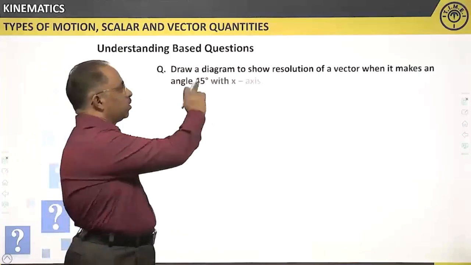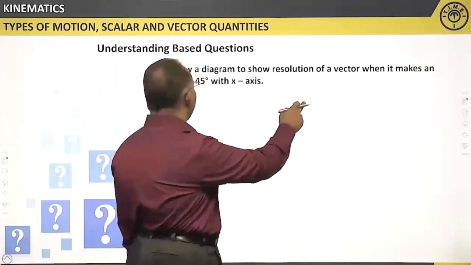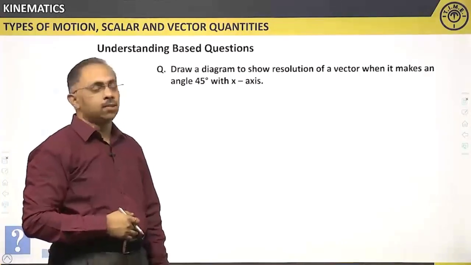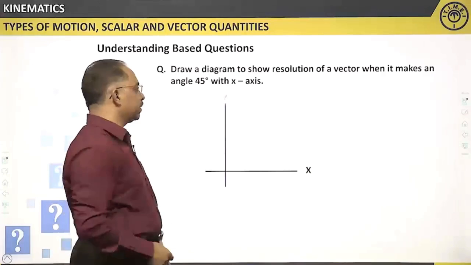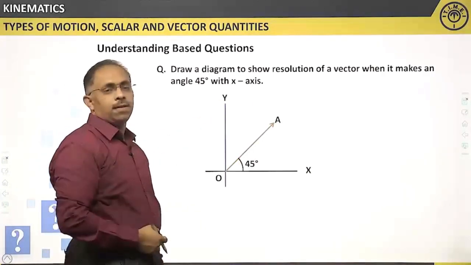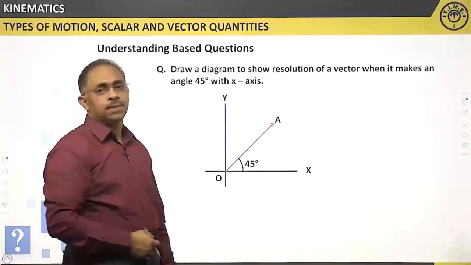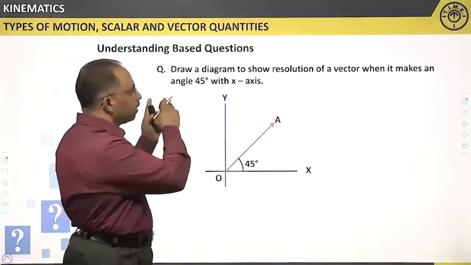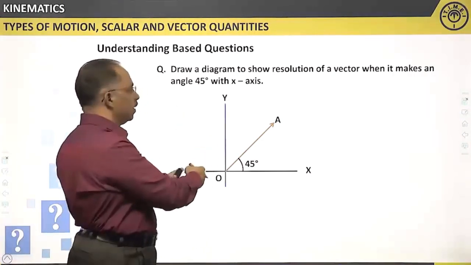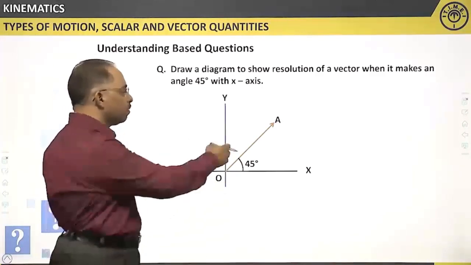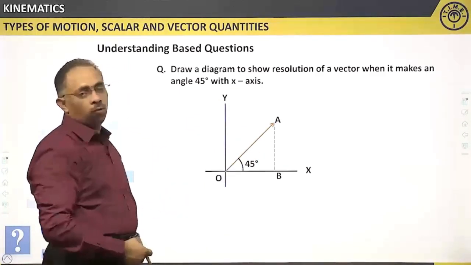Draw a diagram to show the resolution of a vector when it makes an angle 45 degrees with the x-axis. So, let us take the x-axis and y-axis. I am taking a vector OA which is making an angle 45 degrees with the horizontal. Now I want the resolution of this vector along the x-axis and y-axis. So, I should make a projection onto the x-axis.